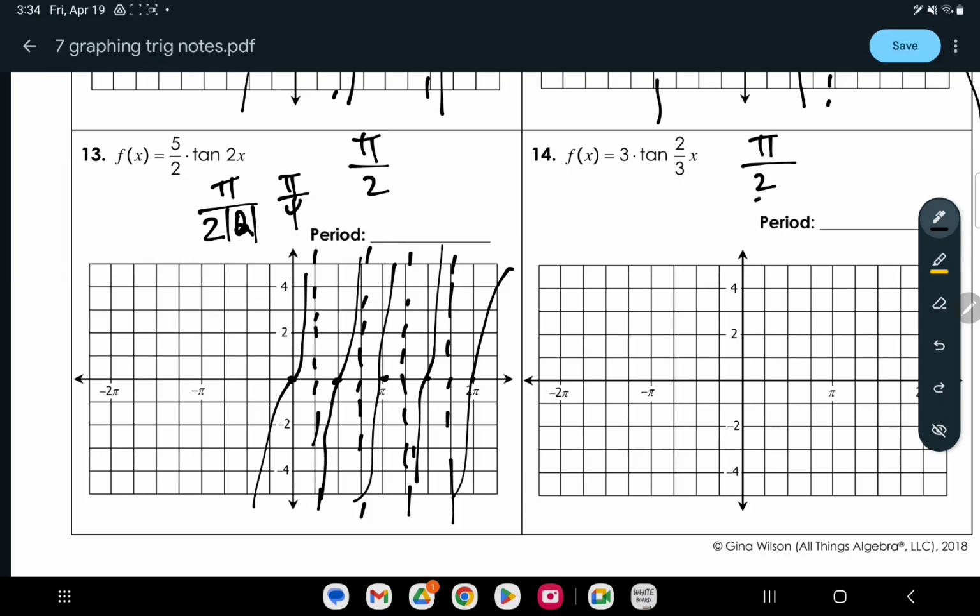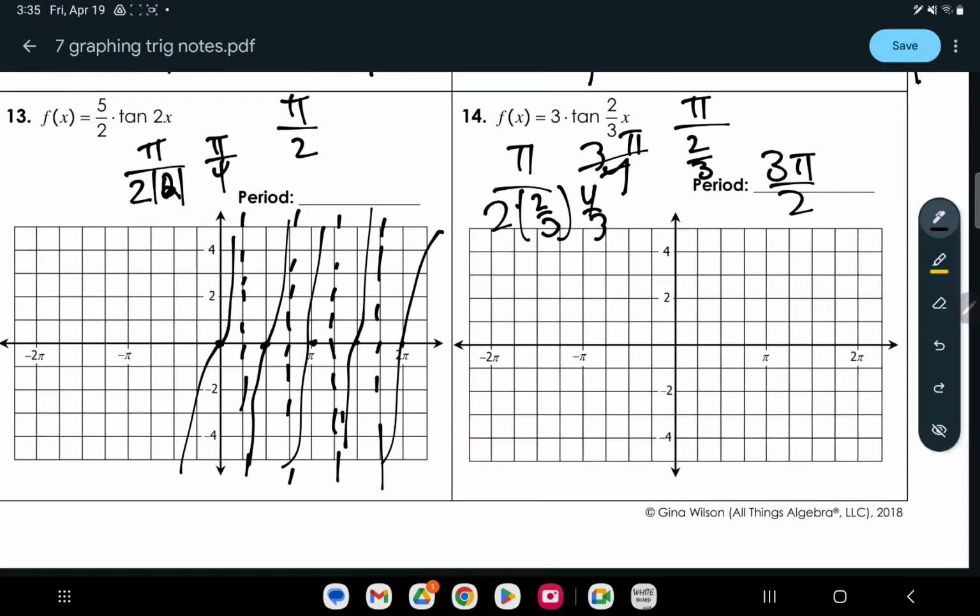Alright. Pi over b. So it's really 3 pi over 2. And then pi over 2 times 2/3, which is really 4/3. So 3 over 4. 3 pi over 4. So we start here. It repeats every 3 pi over 2. So pi over 2, pi over 2.